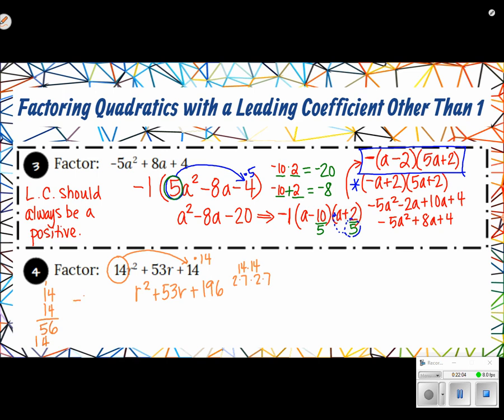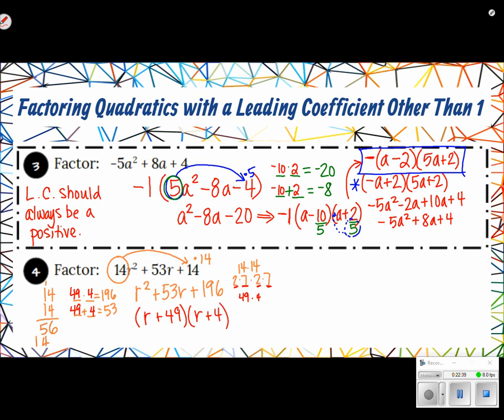So we want to multiply to get 196 and add to get 53. Well, 7 times 7 is 49, and 2 times 2 is 4. 49 and 4 gets me 53. Woohoo! That's what I like to do. Okay, so now we're ready to factor. So we've got r plus 49, r plus 4.